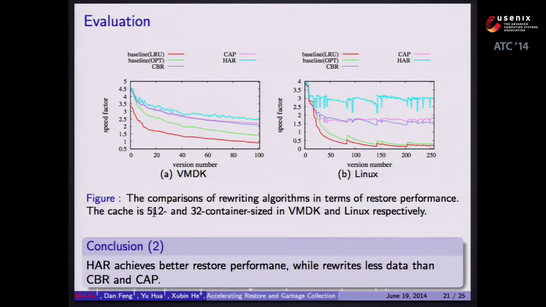CBR and CAP can further improve the restore performance based on the optimal cache, and HAR achieves the best restore performance in the two data sets. The results indicate HAR achieves better restore performance while rewriting less data than existing rewriting algorithms.